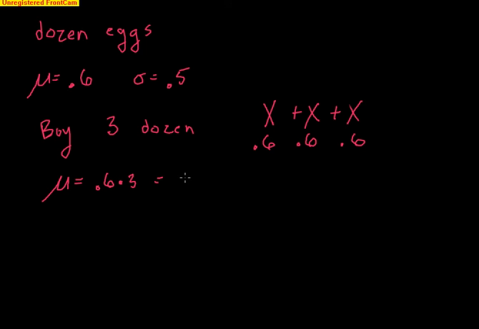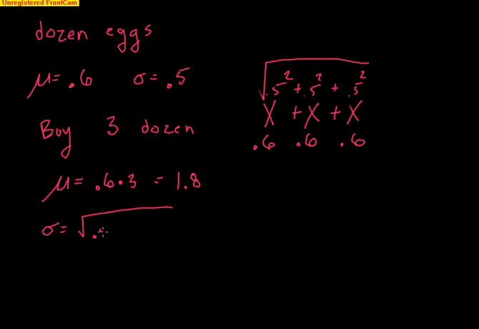What about the standard deviation? Okay, you can't add standard deviation. The standard deviation is 0.5 here, 0.5 here, 0.5 here. Can't add standard deviation. You have to add the variance. So I have to square those, right? Square those, get the variance for all 3, and then square root. So that would be the square root of 0.5 squared for the first dozen, 0.5 squared for the second dozen, 0.5 squared for the third dozen.